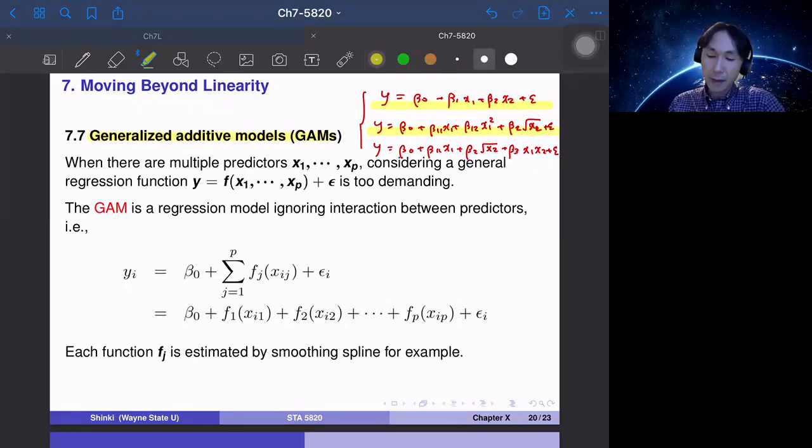Basically x1 and x2 are separated. We don't think about the interaction between these two terms, but we consider a more complicated relationship between y and each of xj.